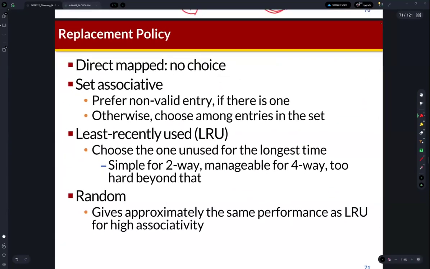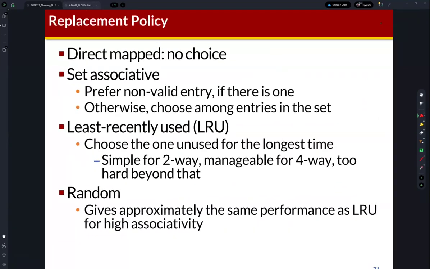Okay, and for the set associative cache, we also need to consider the replacement policy. So what is the replacement policy? If the target set is full, so what does that mean? When the load word instruction is executed and this is a miss in the cache, we need to allocate a new cache block, right?